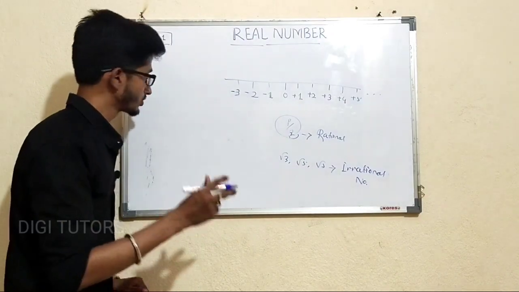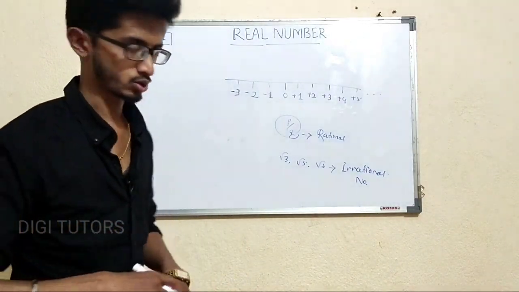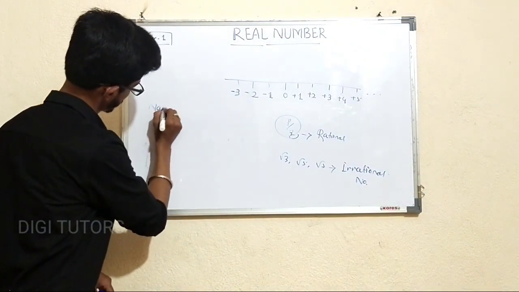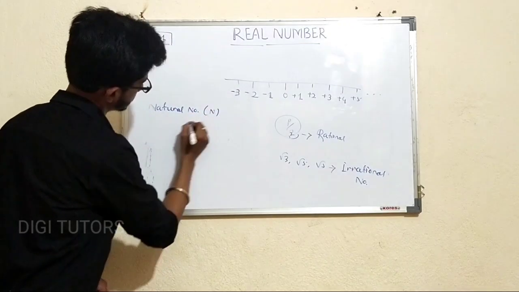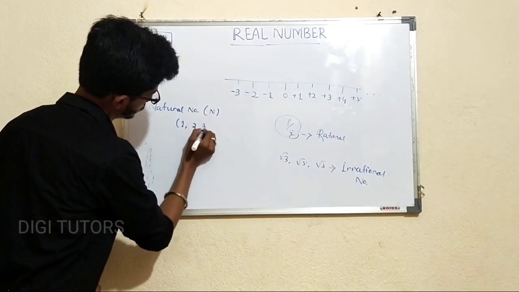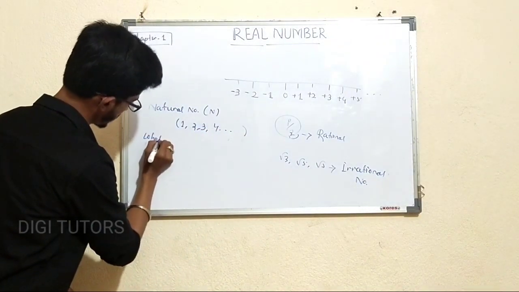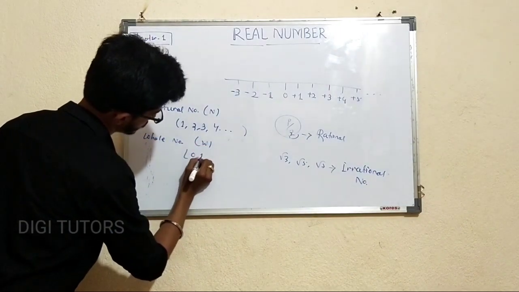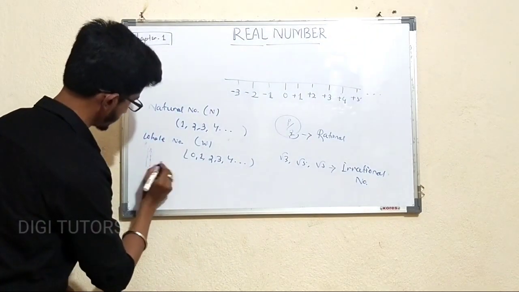And I must say that 0 is not a natural number, okay? Natural number is represented by capital N, which is 1, 2, 3, 4 up to infinity. Then whole number, which is represented by W, includes 0, 1, 2, 3, 4 up to infinity.